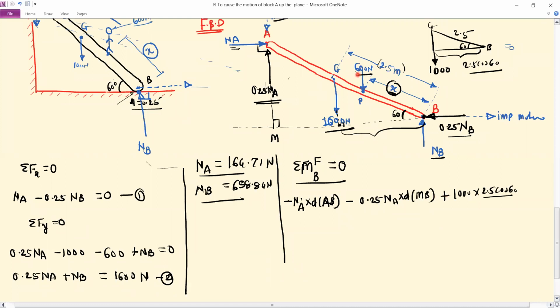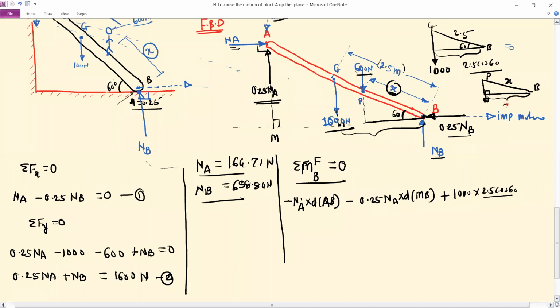Next, we have this 600 Newton. Again, for 600 Newton, this is the line of action, and this is the perpendicular distance. You can consider the small right angle triangle. This is the point P, this is point B. Distance PB is x, and this is the line of action of the force, and this is the perpendicular distance.